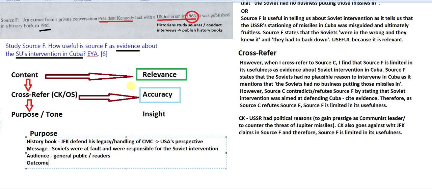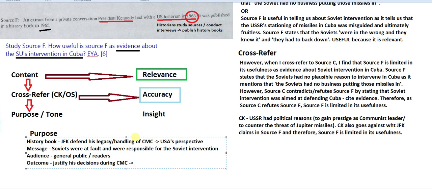An outcome. What intended outcome will Kennedy want to achieve? So what he does is basically to justify his decisions during the Cuban Missile Crisis.